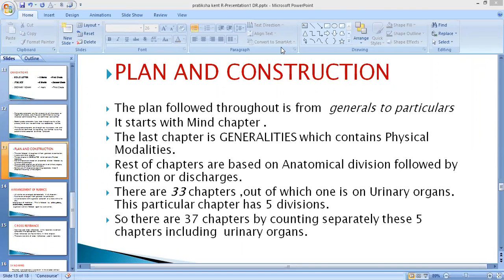While constructing this book, there are 3 main parts. We discussed that in yesterday's lecture: prefix part, repertory proper, and suffix part.